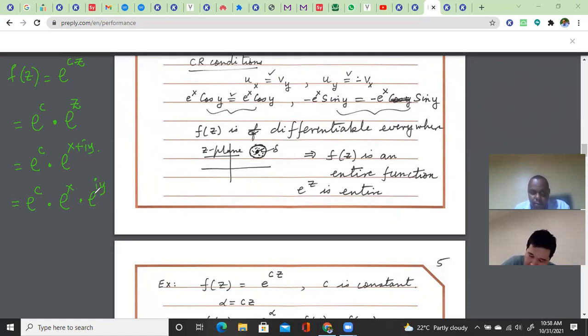It's not correct what you did. We can't split e^(cz) because it's multiplying its power. Oh, when it's multiplying, yeah.